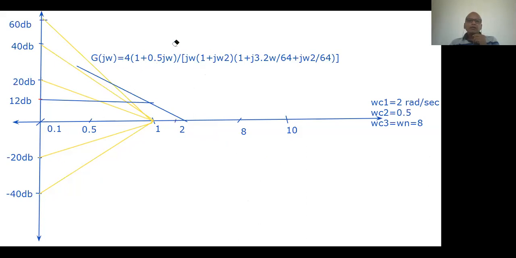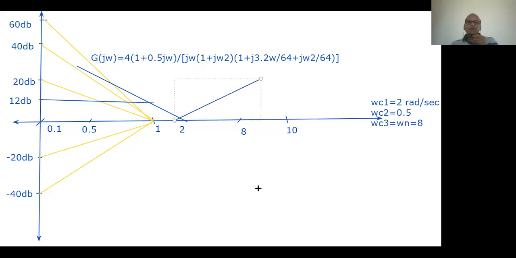4 divided by j omega, there are two intercepts. And then if you consider this 1 plus 0.5 j omega, that is 1 divided by this 0.5, that is 2. Here the slope is plus 20 dB per decade.